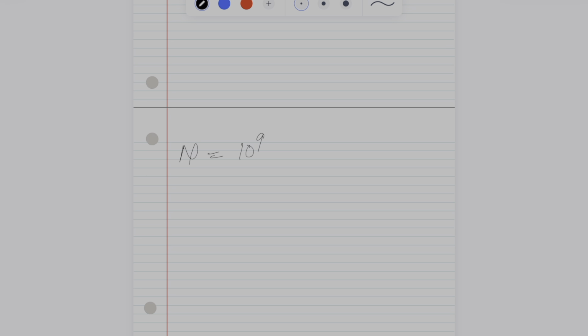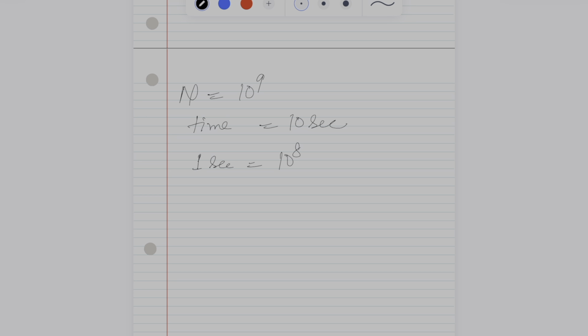How it comes is, we assume that in 1 second our machine is doing 10 to the power 8 iterations. And if we want to do 10 to the power 9 iterations, the total time will be 10 to the power 9 divided by 10 to the power 8, which will be 10 seconds. So this was with our previous algorithm.